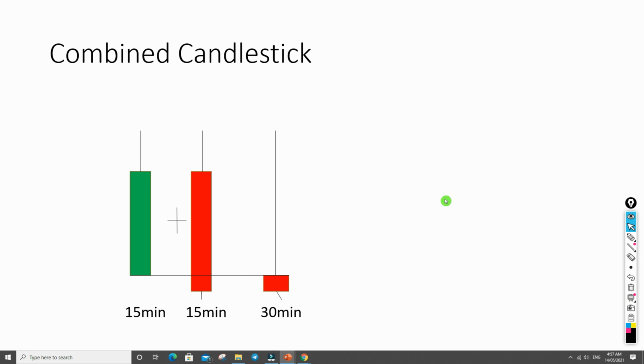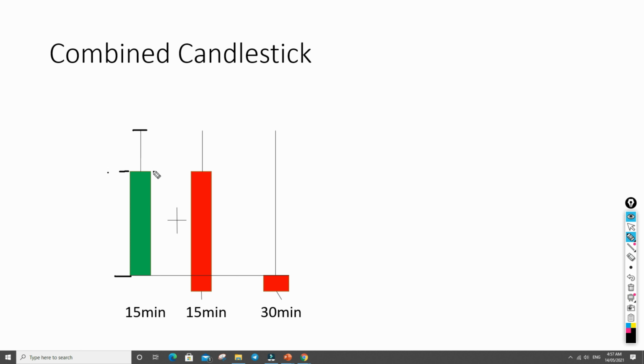Now we will learn the combined candlestick, so different time frames. Let's consider this scenario. Let's say this is a 15 minute candle. The price opened here, buyers took it up to this high and then it closed back here in the first 15 minutes.